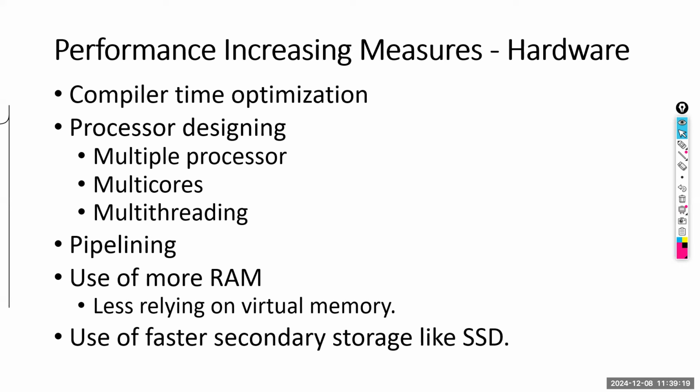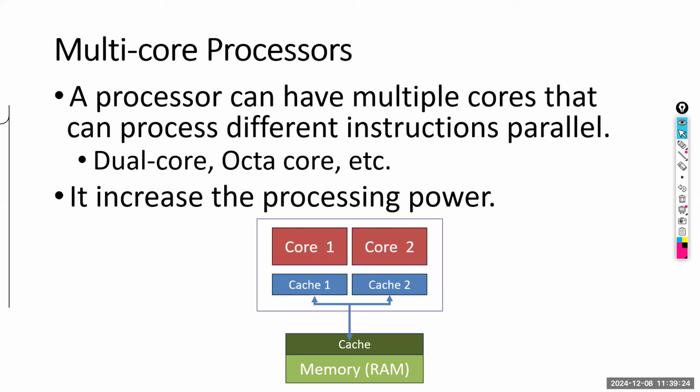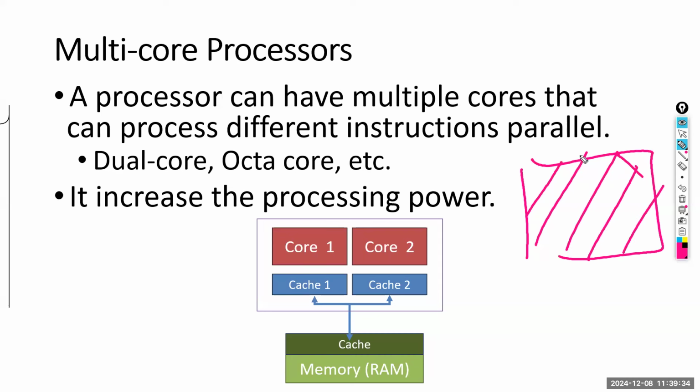So let's look at certain hardware aspects we have control over. One possibility is to go for multi-core processors. A multi-core processor means you have physically one processor in your processor slot, but that processor has multiple cores, not separate chips, the same chip, like 2 cores, 4 cores, 8 cores, dual core, octa core, hexa core.